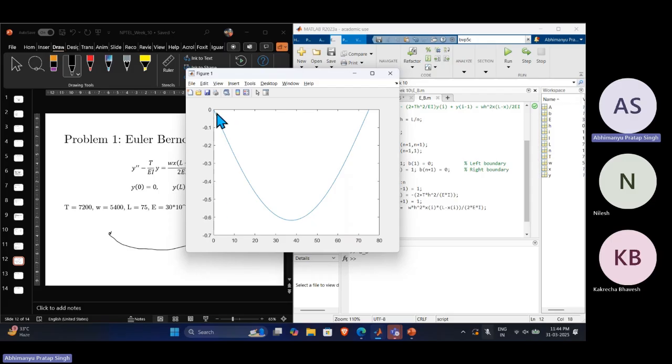Yeah. So we get something similar to that only. At node 0, we have a 0. And at 75th position, x equal to 75, we also have a 0.